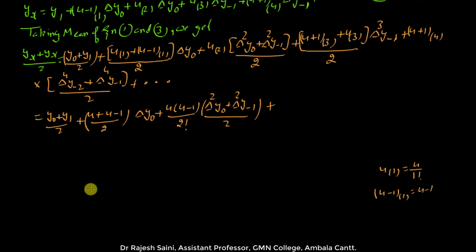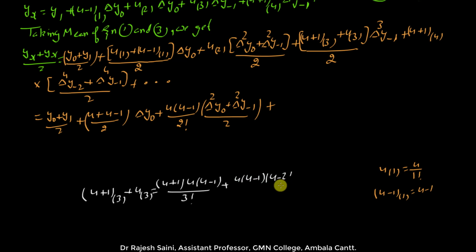I am going to solve it over here. u plus 1 subscript 3 plus u3 is equal to (u plus 1)(u)(u minus 1) by 3 factorial, plus u3 will be u(u minus 1)(u minus 2) by 3 factorial.